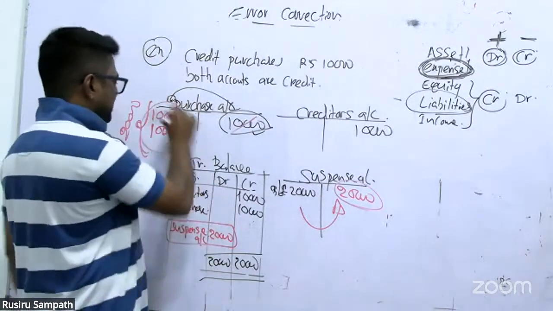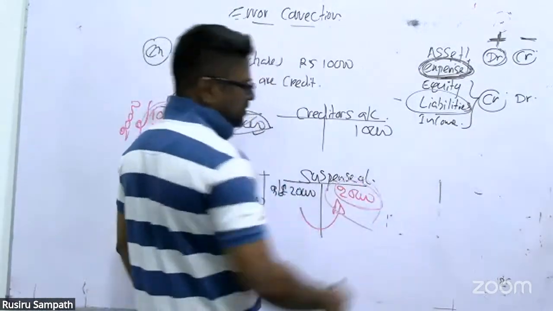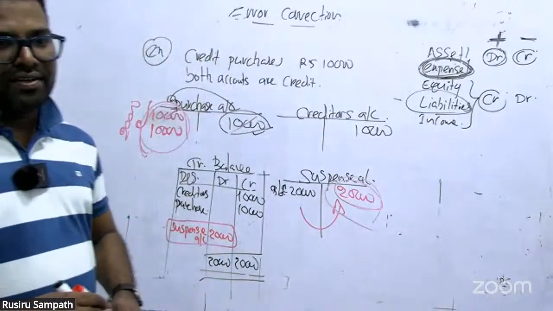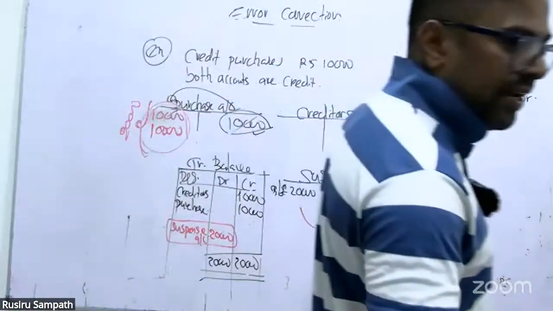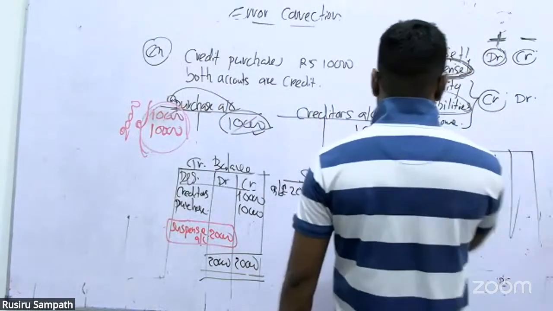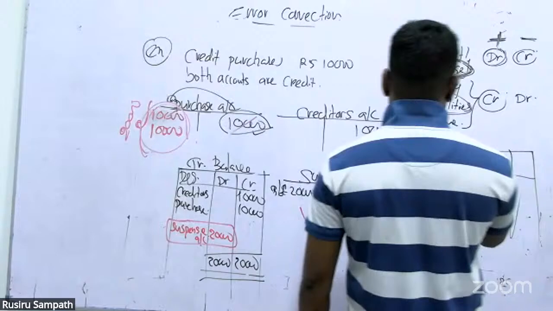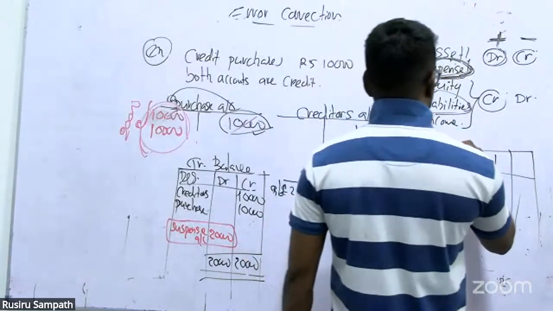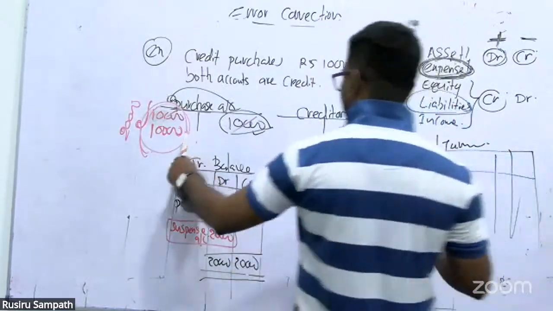What are the error correction entries? Purchase account debit, suspense account credit. That is recorded through the general journal. You know how to record it?